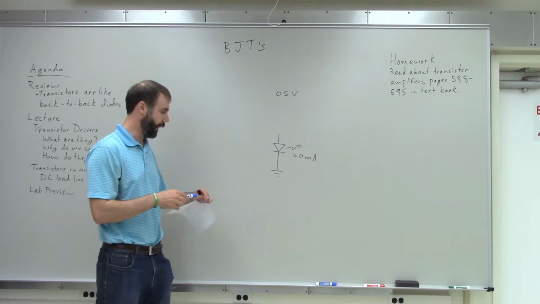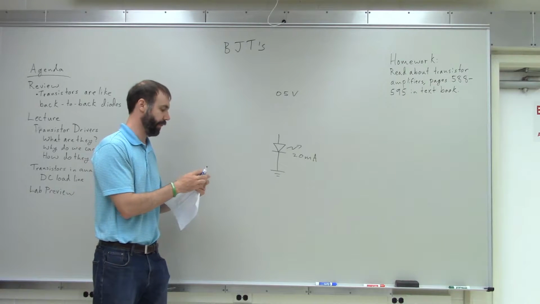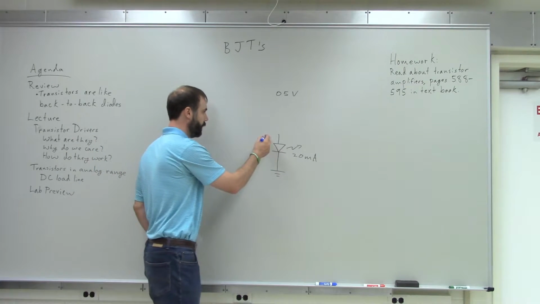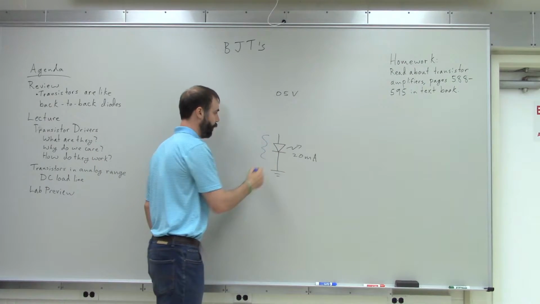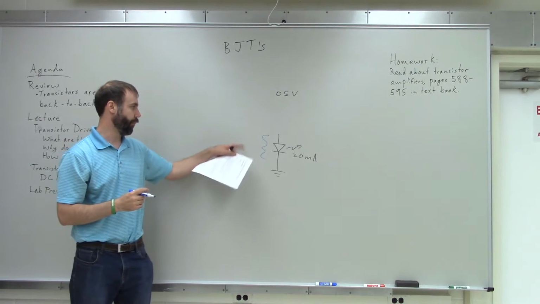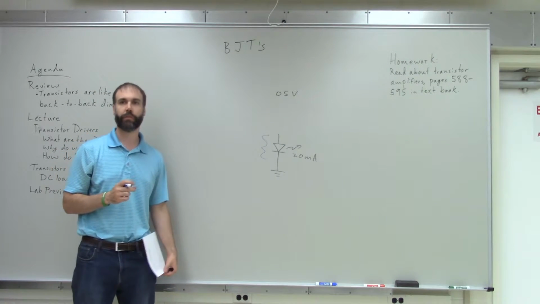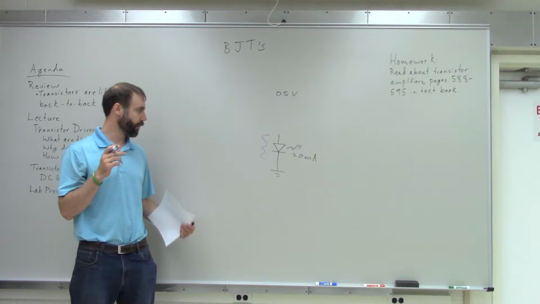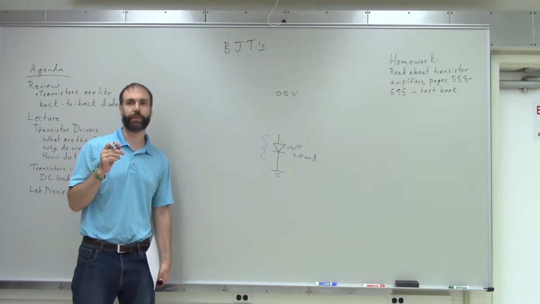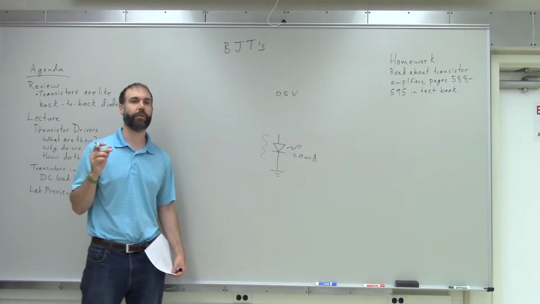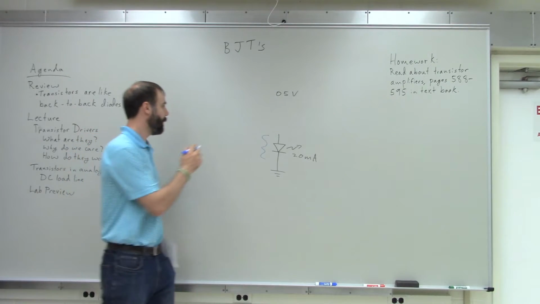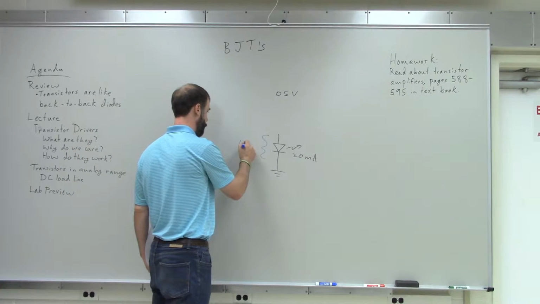First of all, we'd have to look at the voltage drop across the LED. So anybody remember about how many volts we have across an LED when it's turned on? 0.7. Well, that's for a regular diode. We have about 0.7. Remember, the LEDs have more, though. About 1.5 volts.